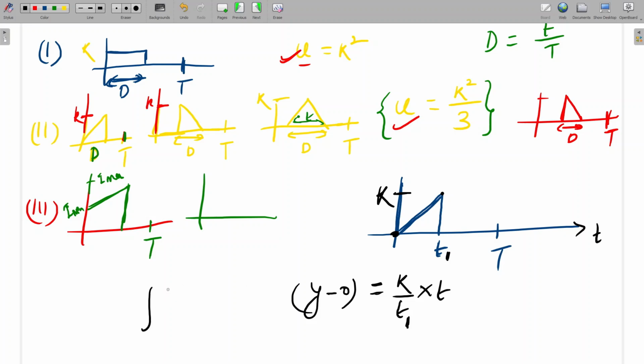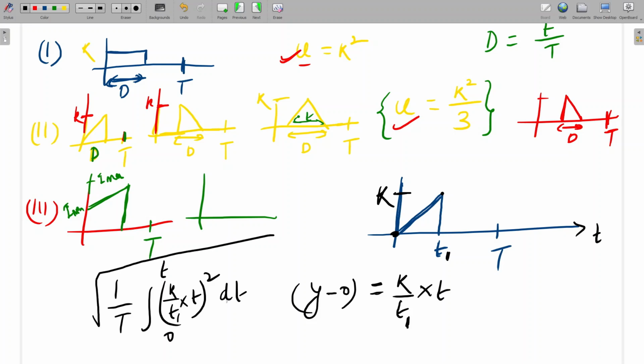So K by t1 into t, whole square, into 1 by T into dt, from 0 to t1. Is it clear? This will be the RMS value.